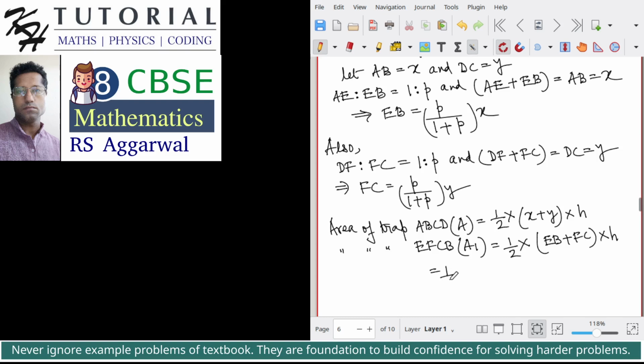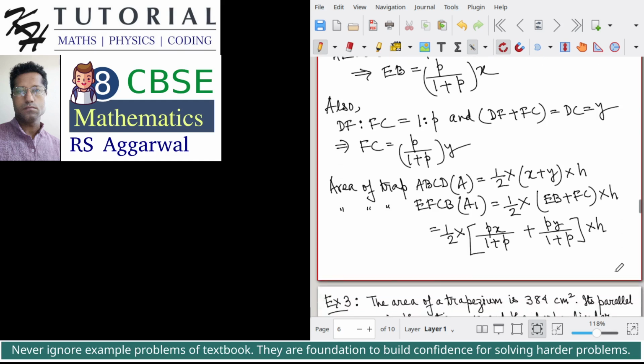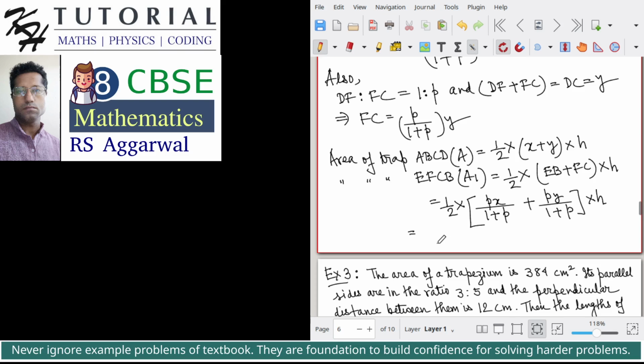This is equal to half into EB, which is PX by 1 plus P, plus FC, which is PY by 1 plus P, multiplied by H. After simplification, this will be half multiplied by P by 1 plus P multiplied by X plus Y multiplied by H. Okay.